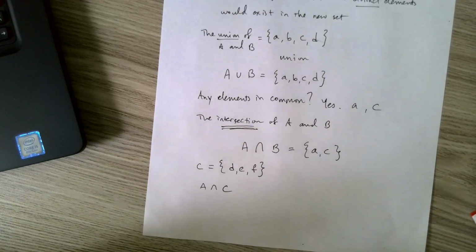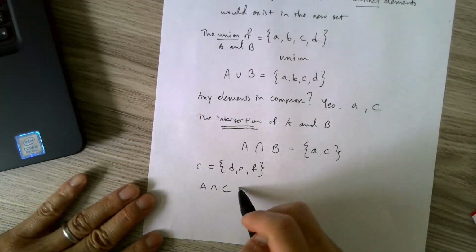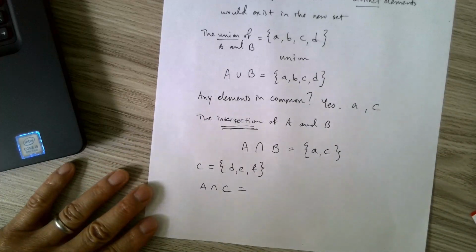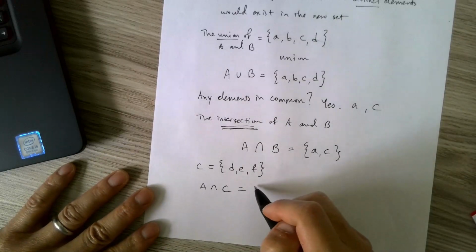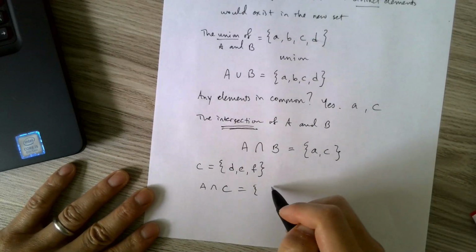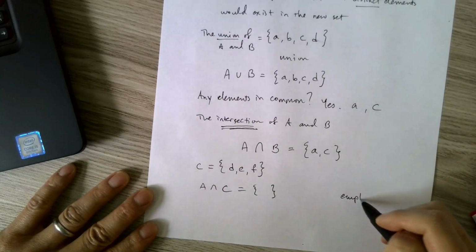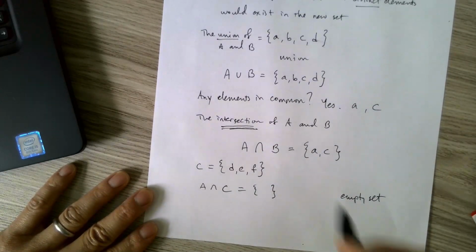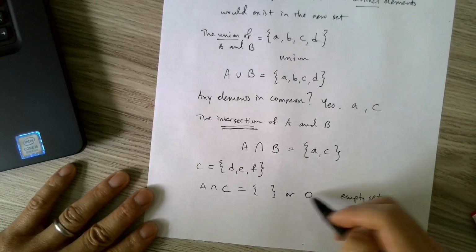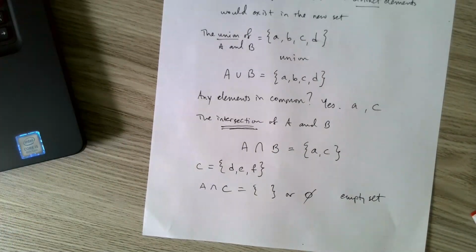So they don't have anything in common. So I have no elements to list in between the braces. So what is their intersection? Empty set. Or, if you prefer, the other symbol, empty set. So empty set can be an answer. Empty set is a thing. It's a set without elements, but it's still a thing.